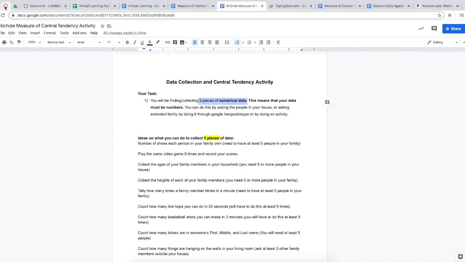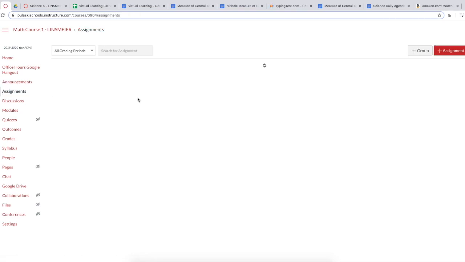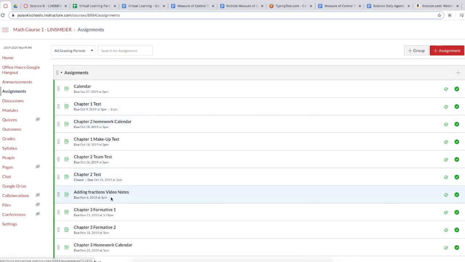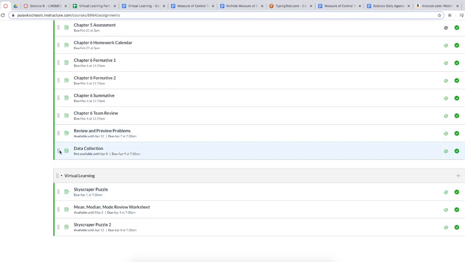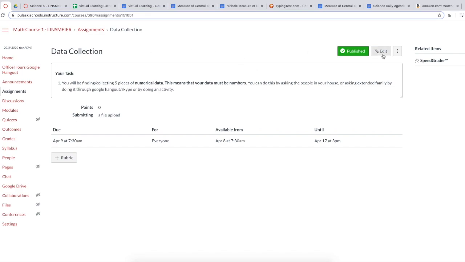Once you have those 5 pieces of numerical data, you are going to submit your data in the Canvas assignment called data collection. So if I go to the assignments tab and I go down to the data collection assignment, it is right here.